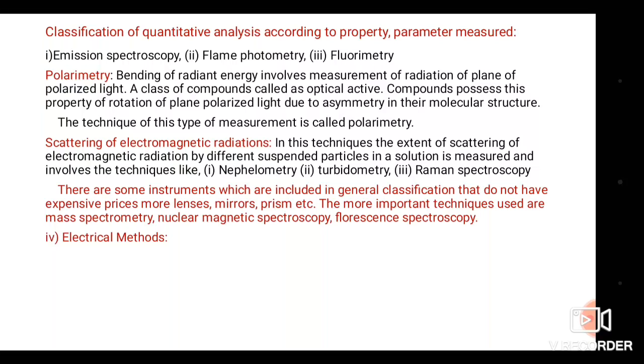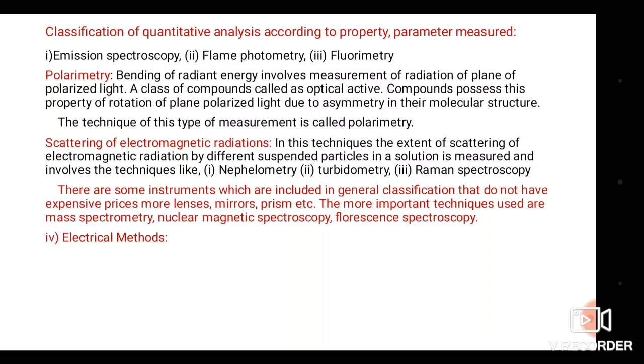Then polarimetry, the bending of radiant energy, involves the measurement of rotation of plane polarized light. A class of compounds called optically active compounds rotate the plane polarized light after it passes through the prism. These compounds possess this property due to asymmetry in their molecular structure, because a symmetrical structure is not there.